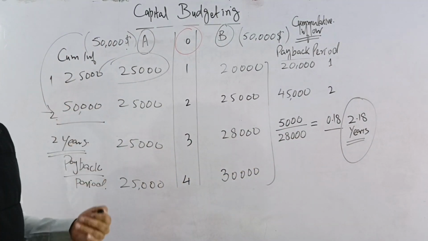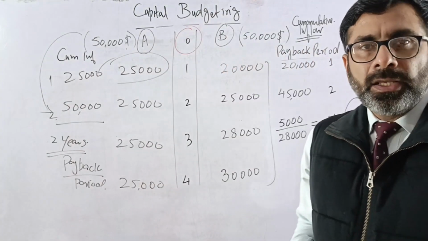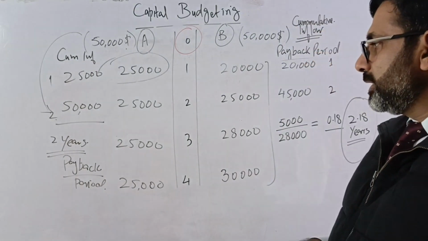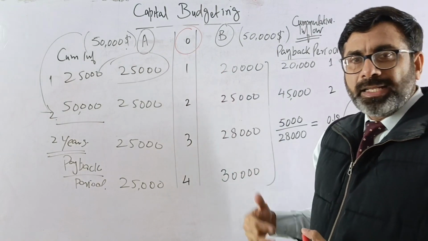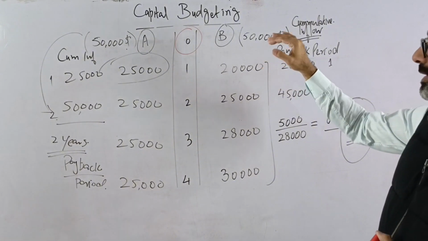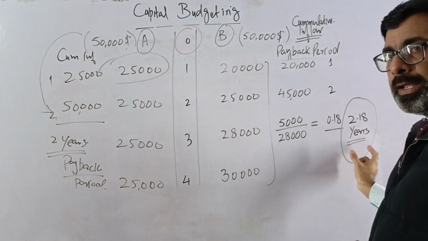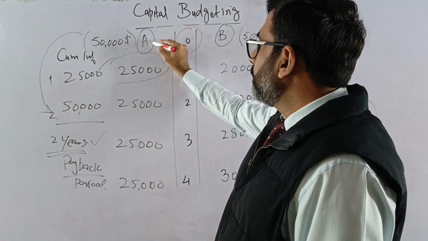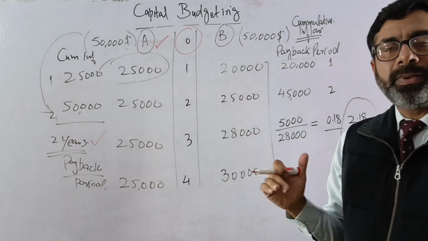Now this is the decision the company has to make: whether investment A is better or investment B is better. They are investing 50,000 and getting it back in 2 years in one case, while in the other, with the same investment of 50,000, they are getting it back in 2.18 years. Obviously, the 2-year project is better for the company because it has a lesser payback period.